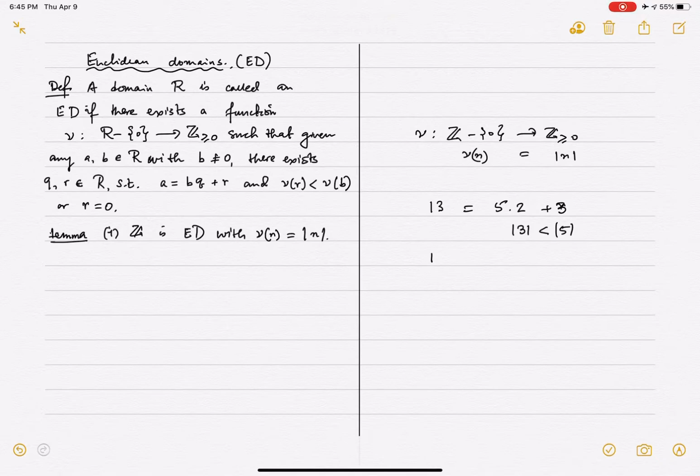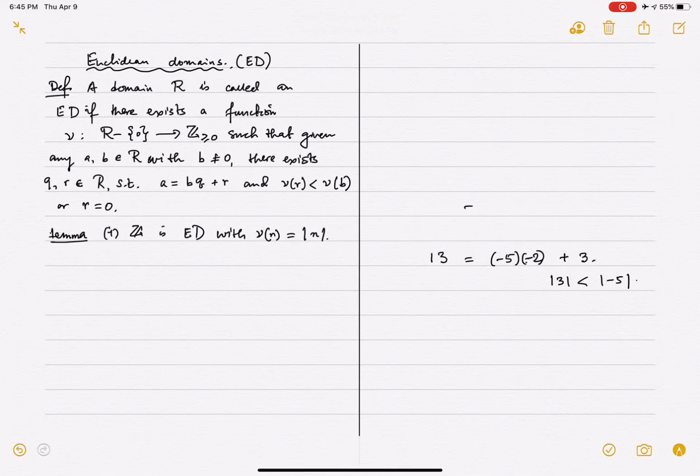Even if you give me 13 and minus 5, we did not talk about dividing by negative numbers before, but you can see I can still write it as like that, for example. And again, the size of the remainder is less than the size of the thing that I divided by. So the Euclidean algorithm basically tells me that Z is a Euclidean domain with nu being the size.